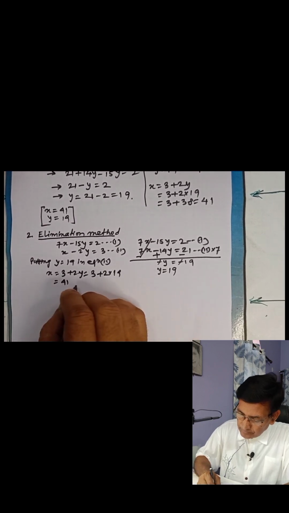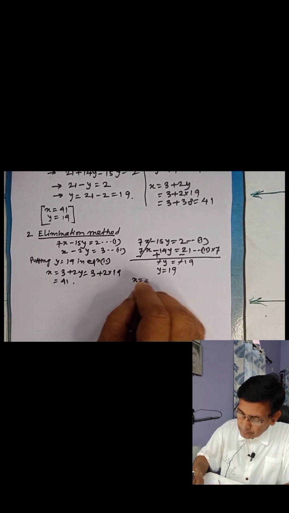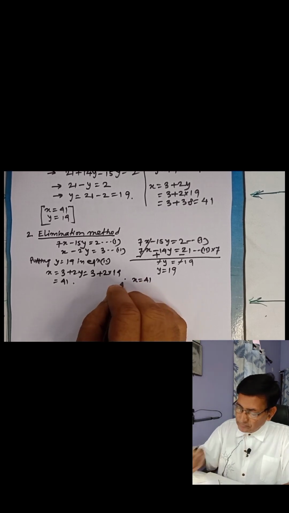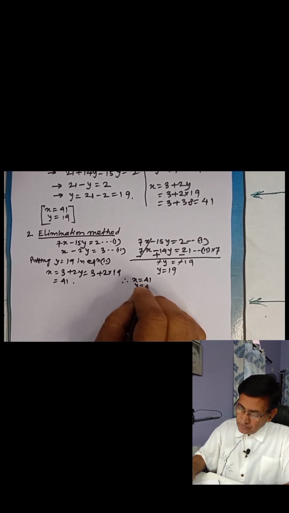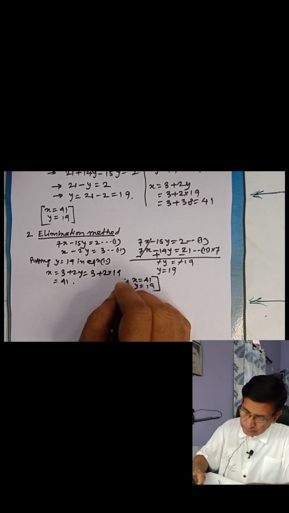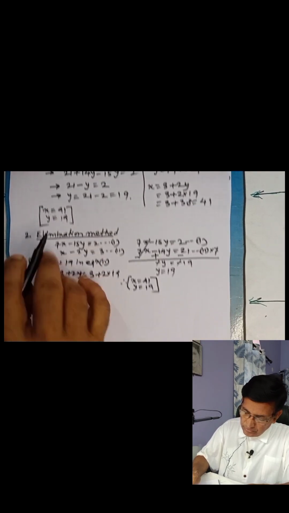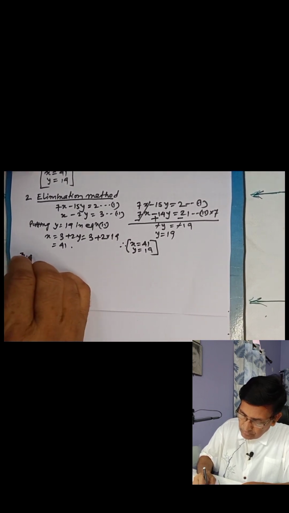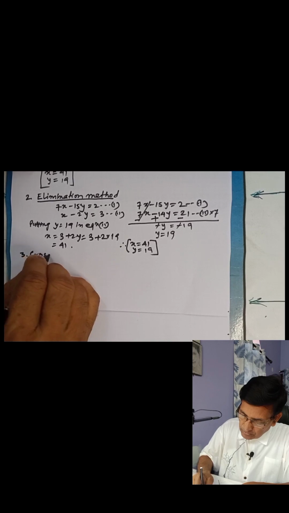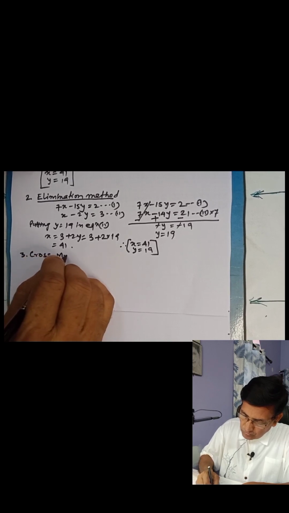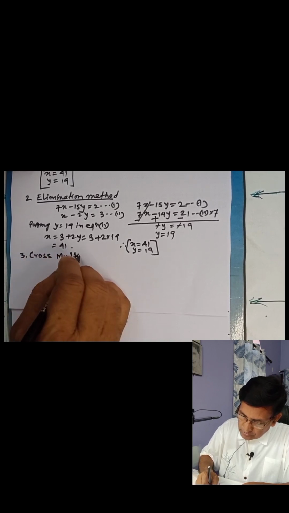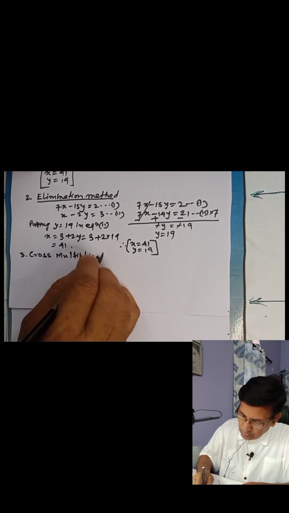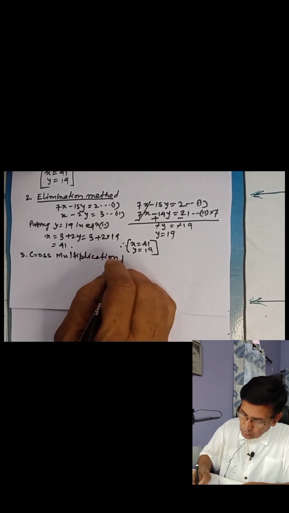Therefore, again we got x is equal to 41 and y is equal to 19, the same answer as we got from the substitution method. And the third process is the cross multiplication method.